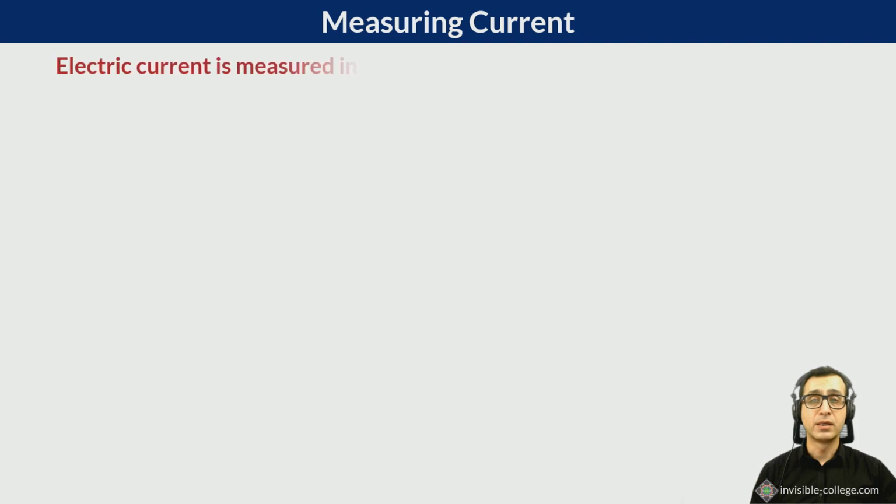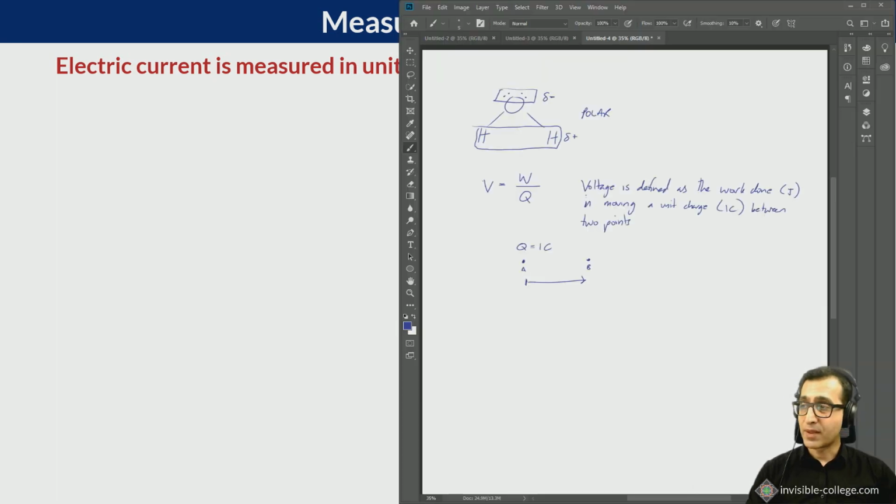Electric current is measured in a unit called amperes, abbreviated to amps. This is the unit of current.